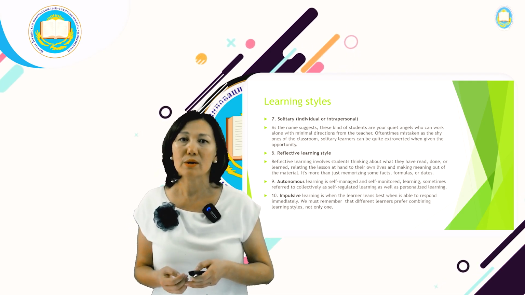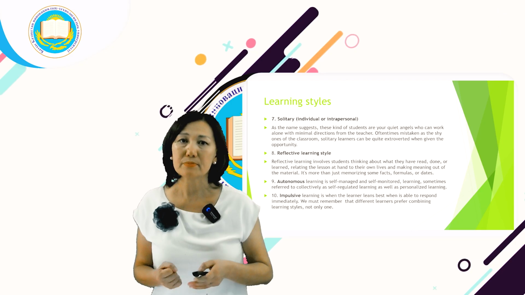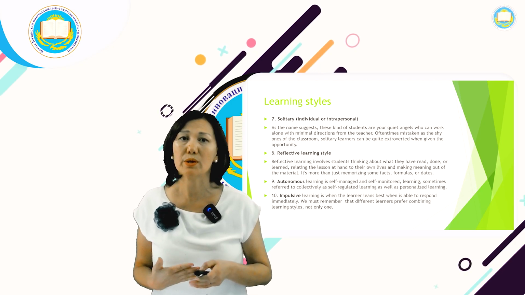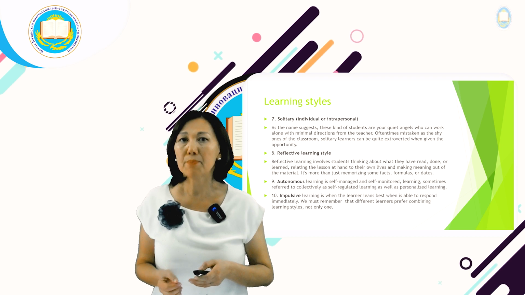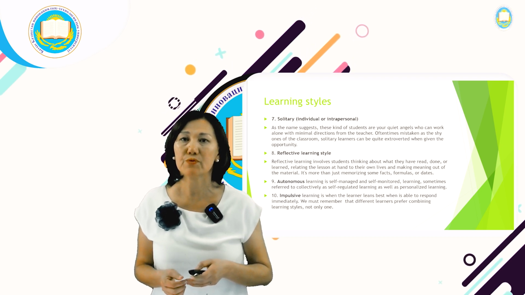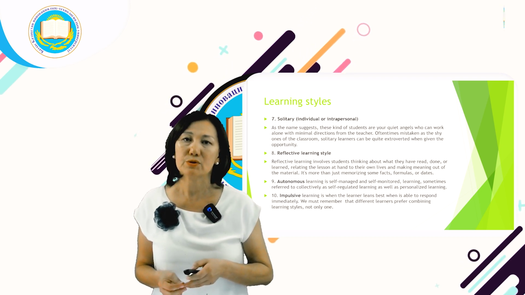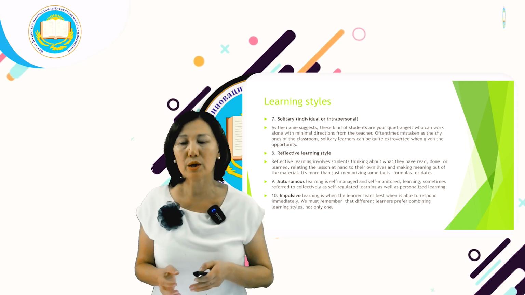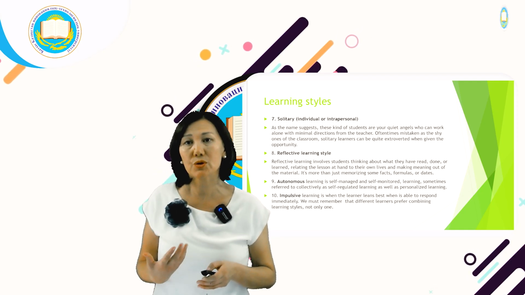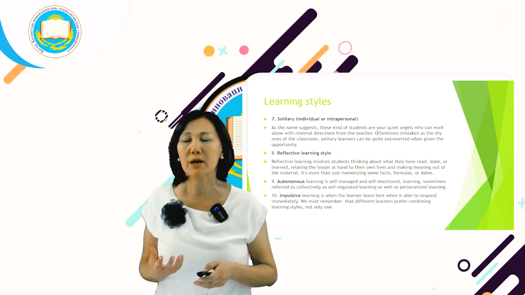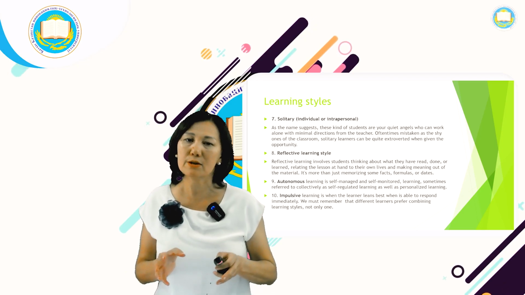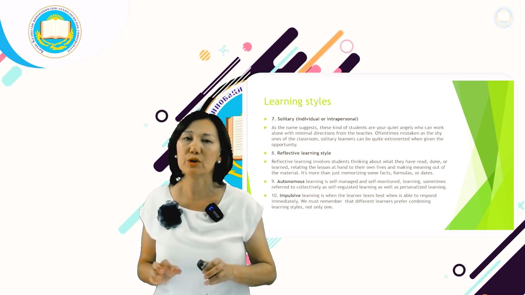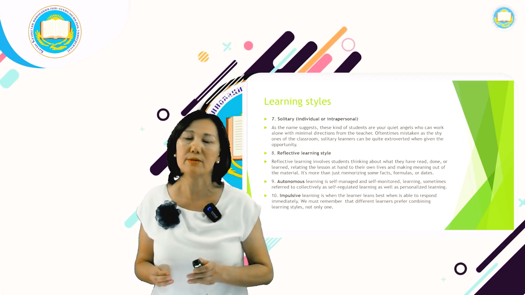They learn best when they are able to respond immediately. So we must remember that different learners prefer combining different learning styles, not only one. Therefore, when you teach in your classroom, remember that different types of learners are sitting in your classroom, and do not forget to combine all the learning styles.